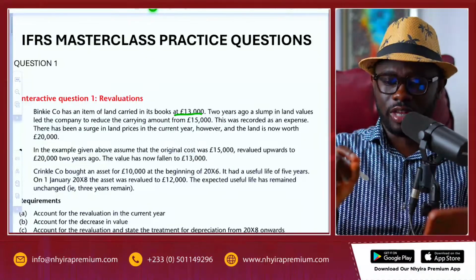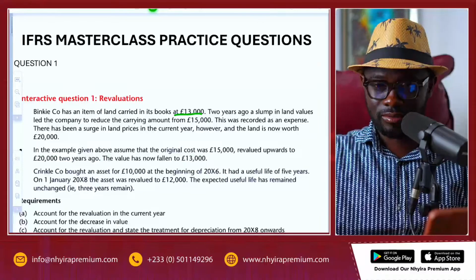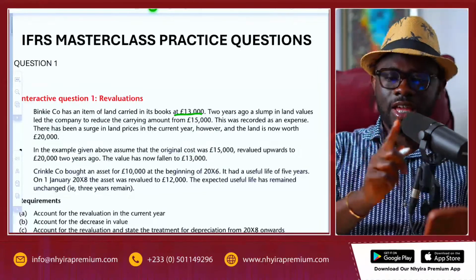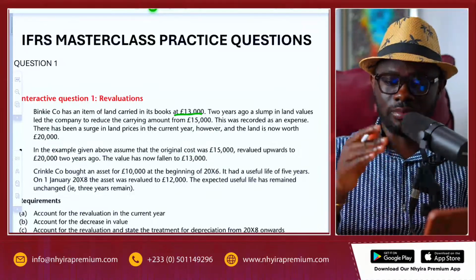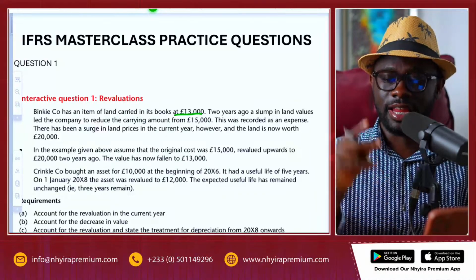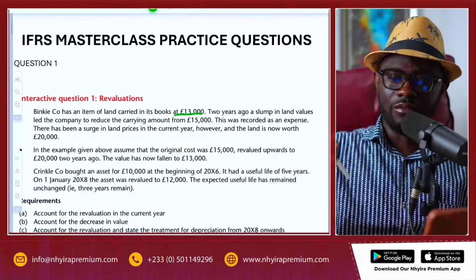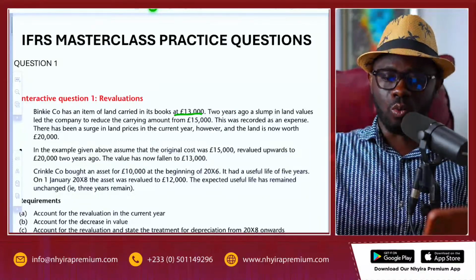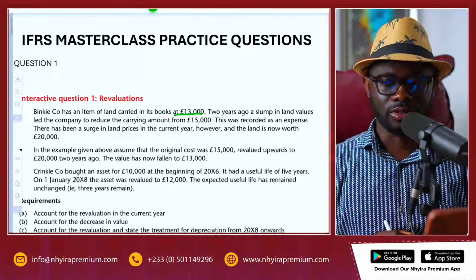This was recorded as an expense. There has been a surge in land prices in the current year. The land is now worth £20,000.